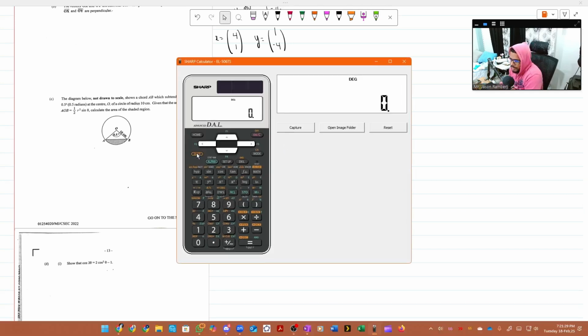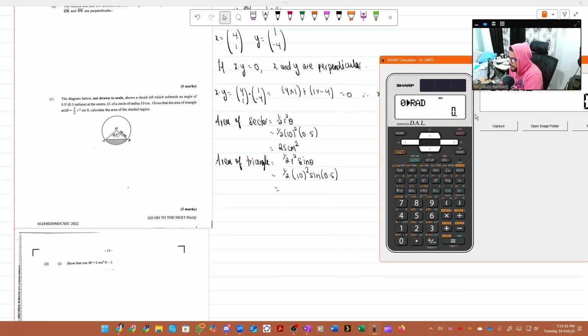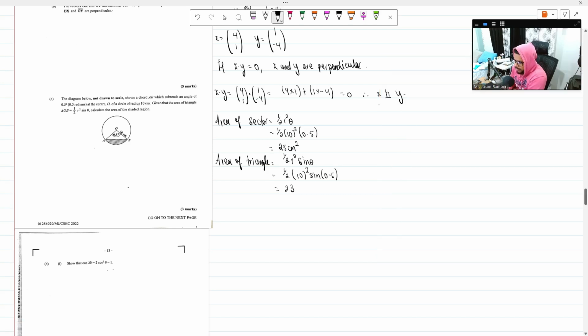So, radians. A half, 100, sine 0.5, gives 23.97 centimeters squared to 2 decimal places.